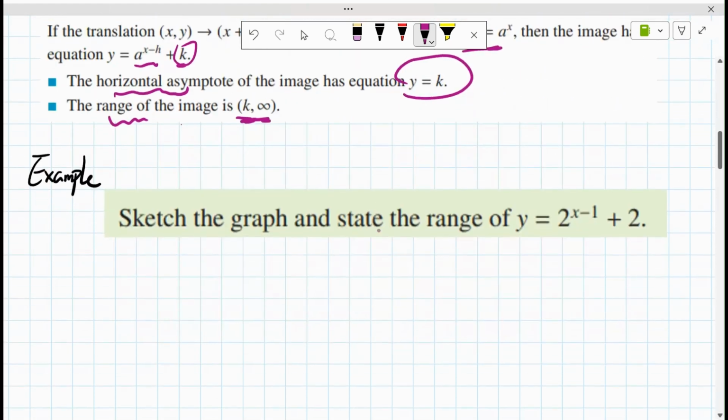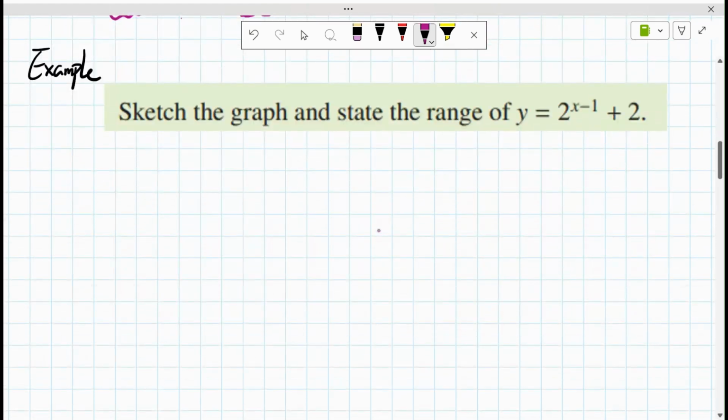Okay, and let's have a look at sketching the graph together. For this one, we can explain with the transformations. First, y equals 2 to the power x, that's the original one.